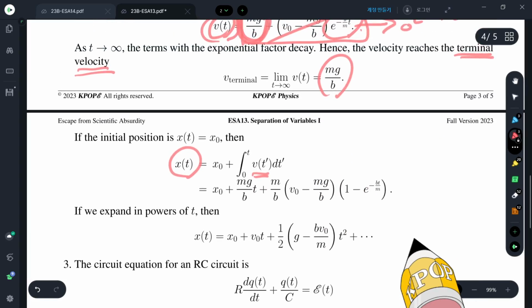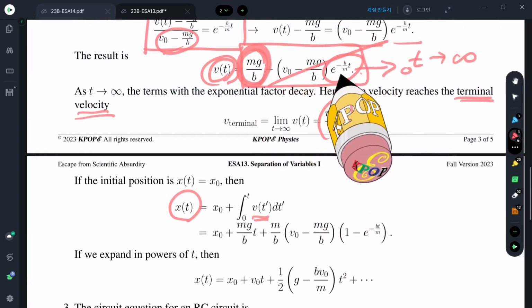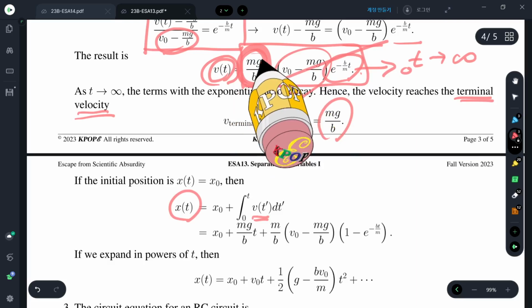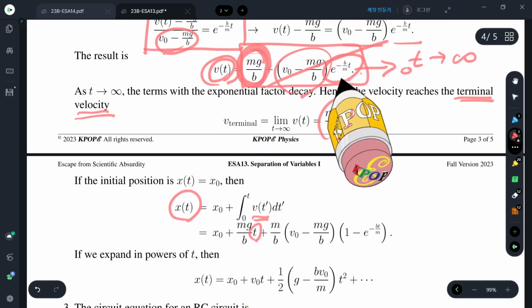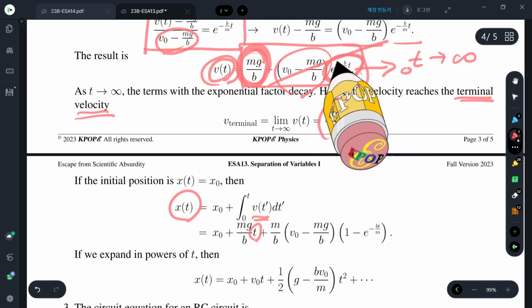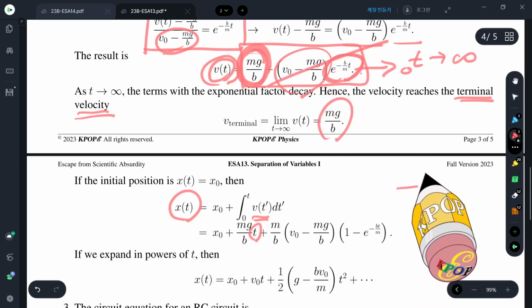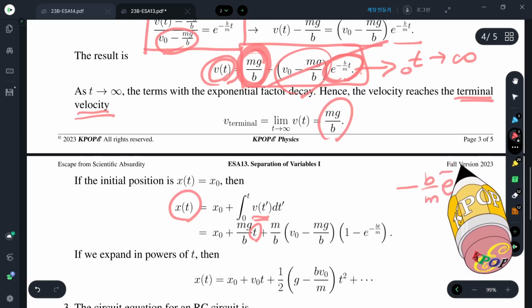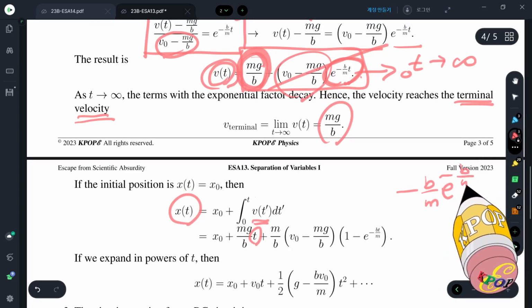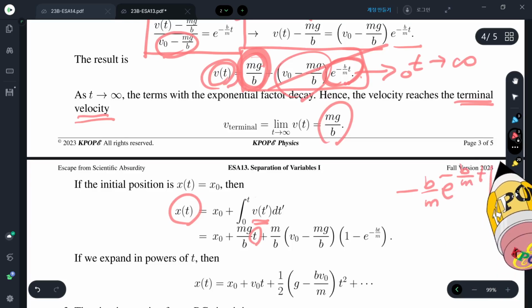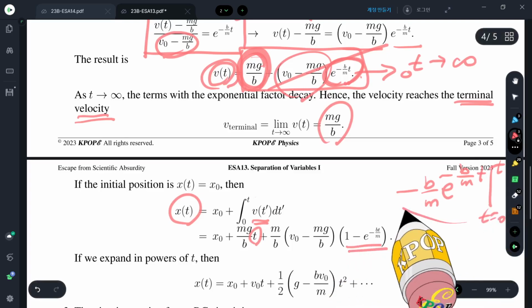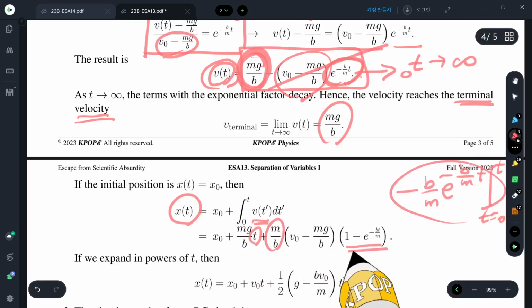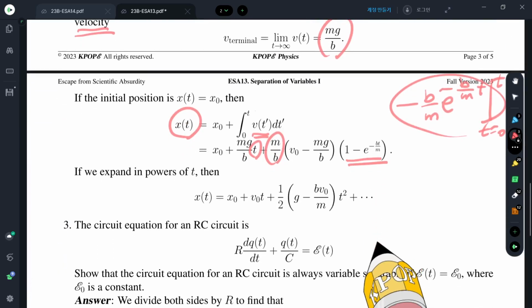We find that the explicit evaluation of the integral: the constant term, from 0 to t, becomes a t, and this one is minus b over m exponential of minus b over m t, evaluated at t and evaluated at t equals 0. So the value is this one plus 1 minus the exponential factor.